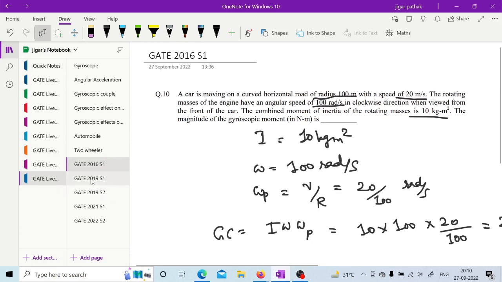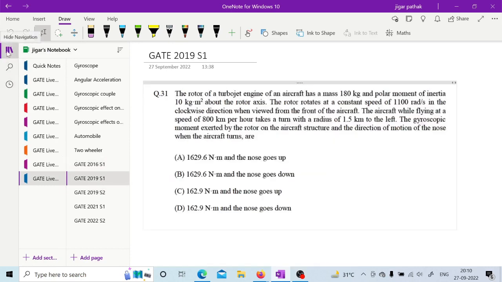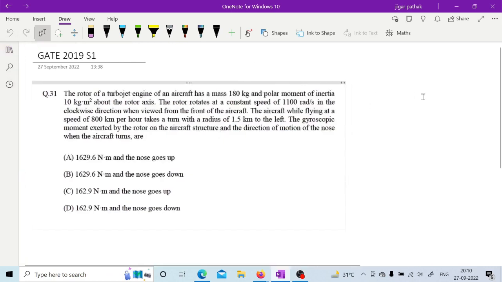Right, if you go for the next, here the rotor of a turbojet engine of an aircraft has a mass 180 kg and polar moment of inertia 10 kg meter square about the rotor axis. Now the rotor rotates at a constant speed of 1100 radian per second in the clockwise direction when viewed from the front of the aircraft.